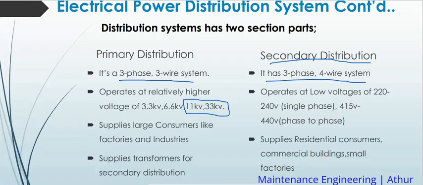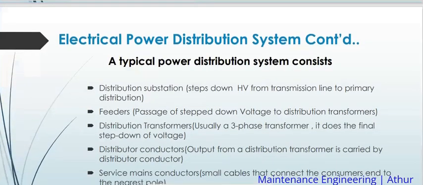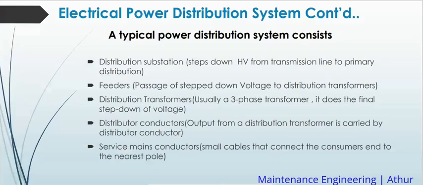When we come to this electrical power distribution system, a distribution substation, here I have a few definitions. It just steps down high voltage from transmission to primary, as I told you.